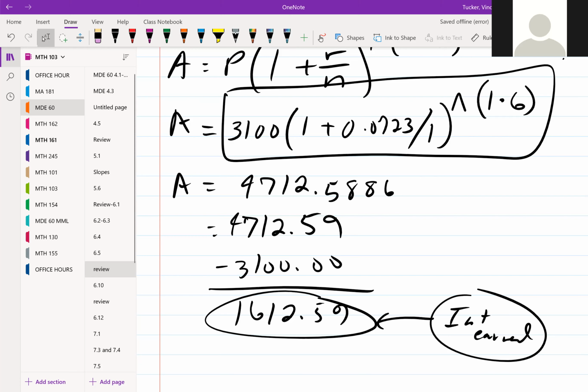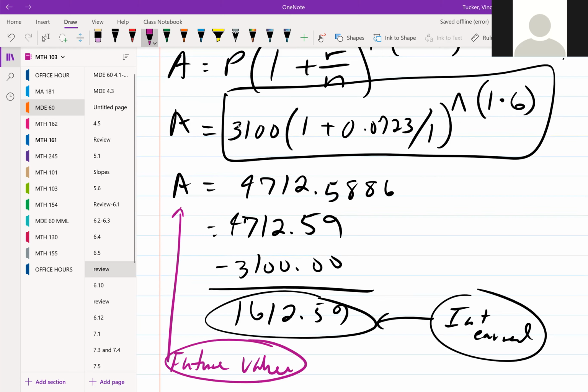What's the A? A represents future value. So it doesn't represent amount, unless you want to call it the amount in your account after 6 years. But A represents basically future value: what's going to be in the account after so many years? Yeah, I think that's what I was doing wrong.